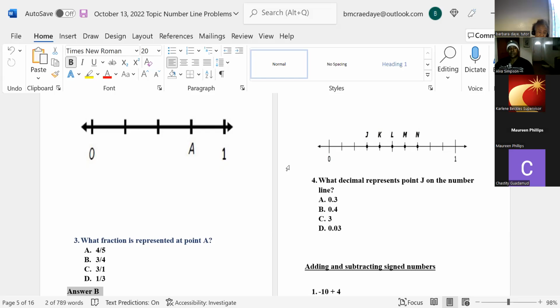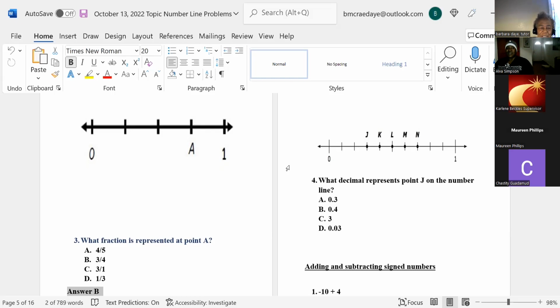But what's the difference in a decimal and a fraction, Maureen? A fraction could be a multiple. Oh, you helping Maureen out? Michelle, you can. Maureen doesn't mind. Go ahead. Tell me the difference.